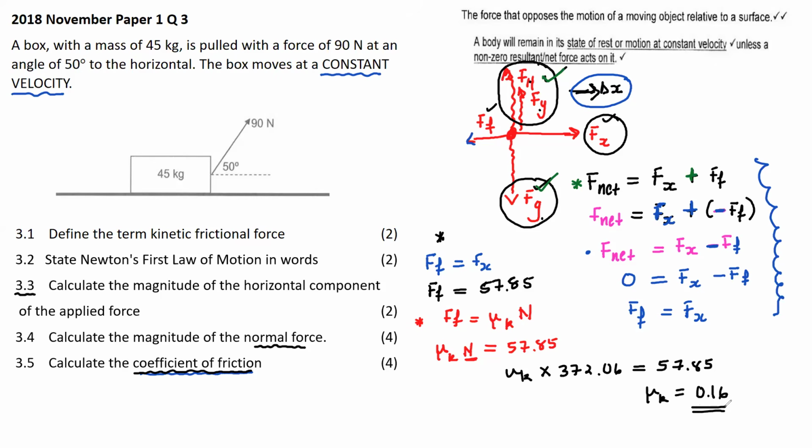Then I know what Fx is. Then I know the formula for Ff on a horizontal plane, and so it's mu k N. And from there on, you can simply find your mu k. So that's what you have right there.